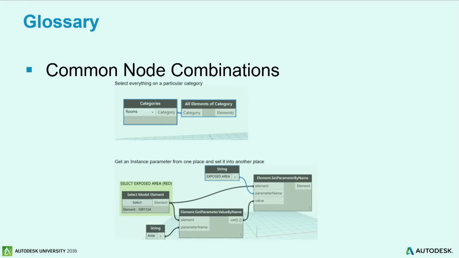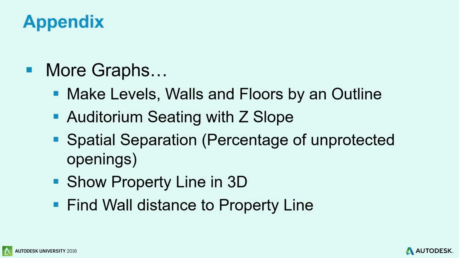We've also included in the glossary common node combinations, like those riffs that you do. We've included a bunch of very common ones that you can adapt to your own uses. Also, as part of your downloads, there are more elaborate versions of what we did today. I'm just going to focus on that one.